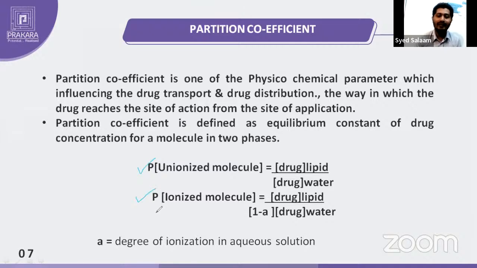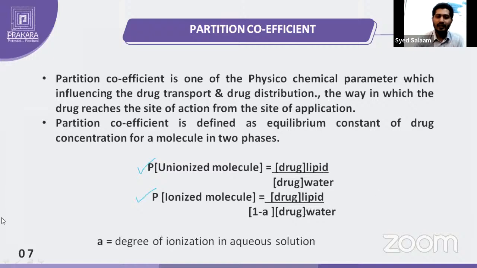The degree of ionization here is A. So for the ionized molecule, the partition coefficient will be the drug concentration in the lipid layer divided by the drug concentration in the water layer. For the ionized one, it is the concentration of drug in lipid, 1 minus A, that is the degree of ionization in aqueous, and the concentration of drug in the water.